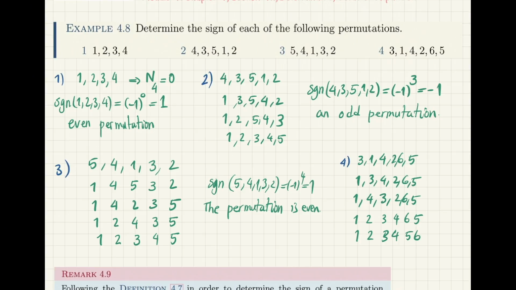Now you see that this is in natural order. So how many steps did we need? 1, 2, 3, 4. So again, I can write that the sign of 3, 1, 4, 2, 6, 5 is equal to minus 1 to the power 4, which is 1. So it is even.